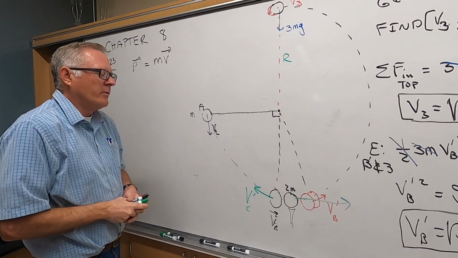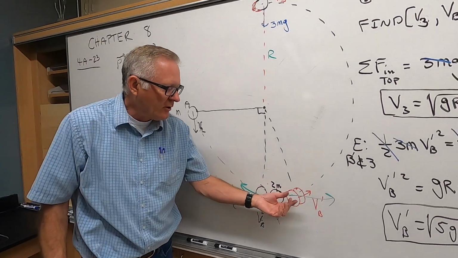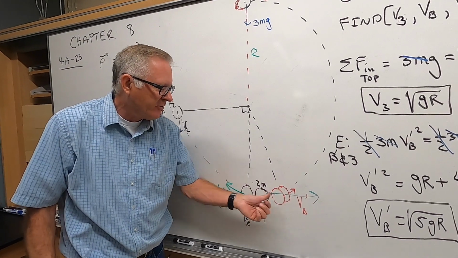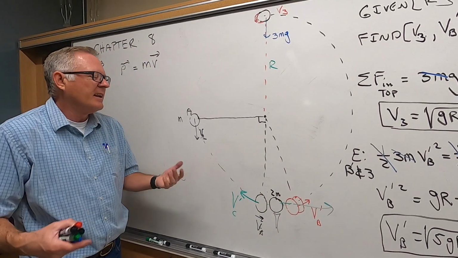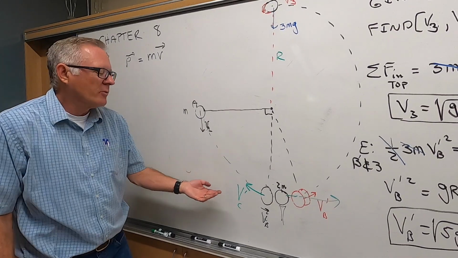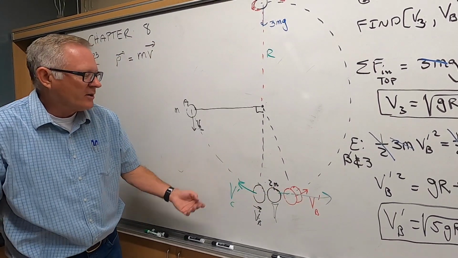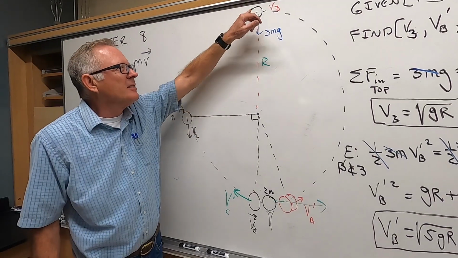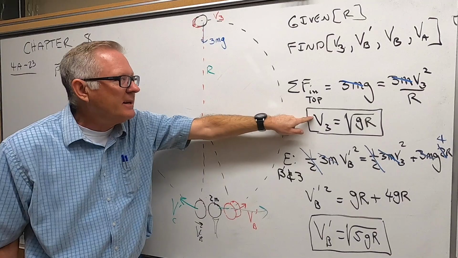Now you'll notice we would have had another unknown, because before we only had one speed after the collision. Now we have two speeds after the collision. And we would have needed another equation. But we could have used the relative speed equation right here. That would have given me the other equation. So the speed there would have been the same. It's independent of the mass. You would have still had this speed.